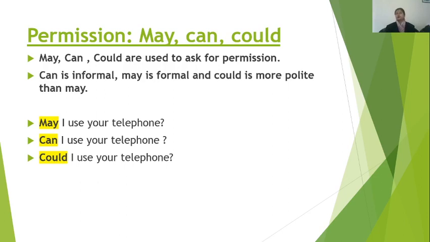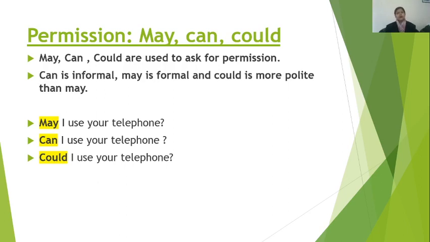Now how do we use them? Children, may is basically used for formal permission. Can is used for informal permission, and could is used for a polite permission, when you are very polite with your request. So that is could.